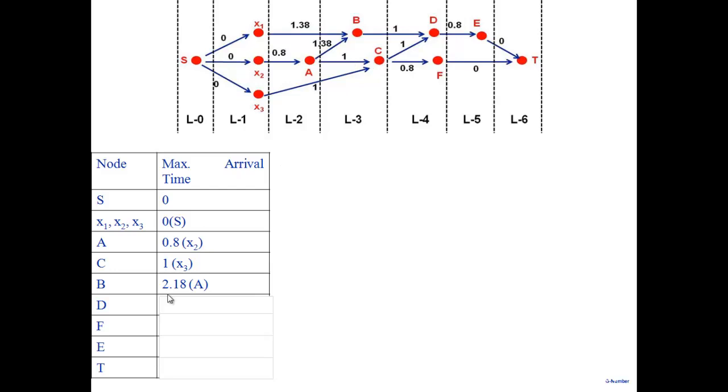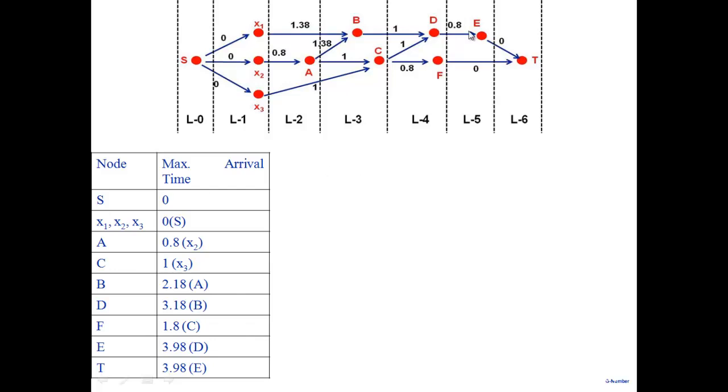C should be 1.8, and the worst case predecessor is A, right? So good. Then the maximum arrival time at B, anyway, you can fill it up. You know the idea, you fill it up. Maybe I mixed up two examples; I had some other example here. So anyway, you fill up this table.